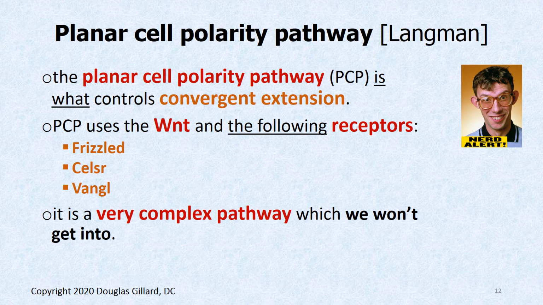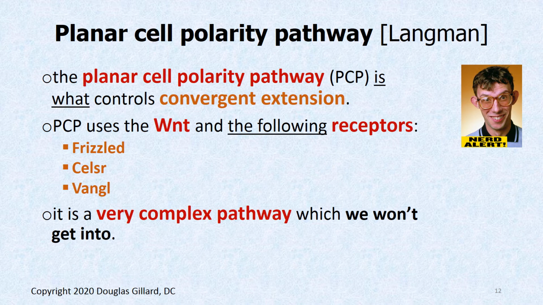There's another word that we have to understand called the planar cell polarity pathway. This is actually what causes the elongation or the convergent extension of the neural plate. And so the planar cell polarity pathway uses certain receptors and biomolecules to allow the convergent extension process to happen.